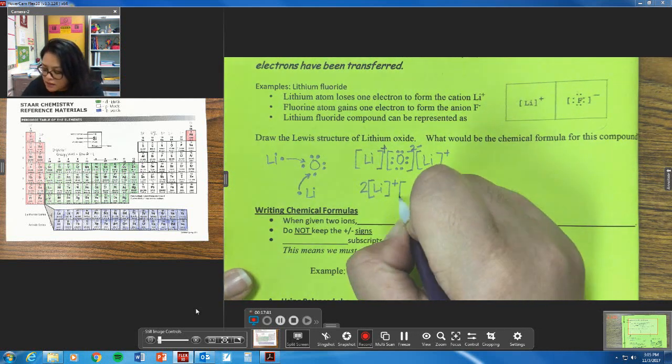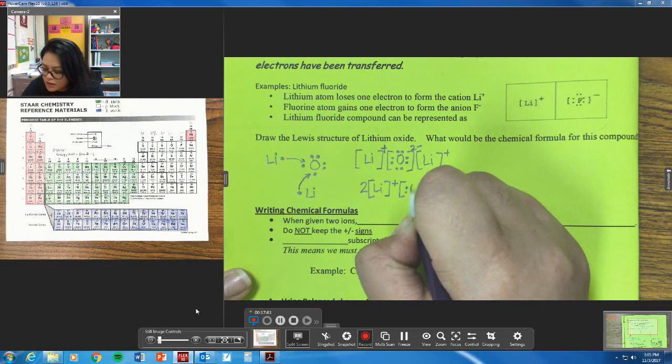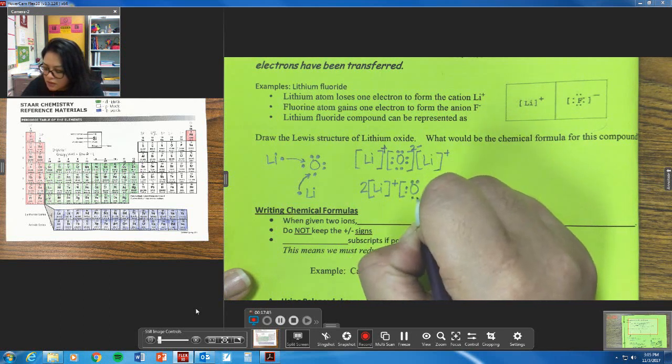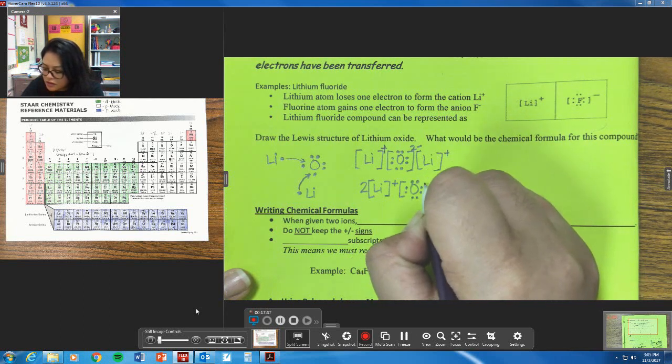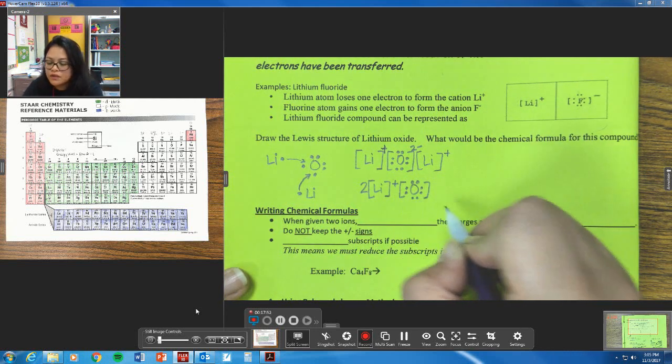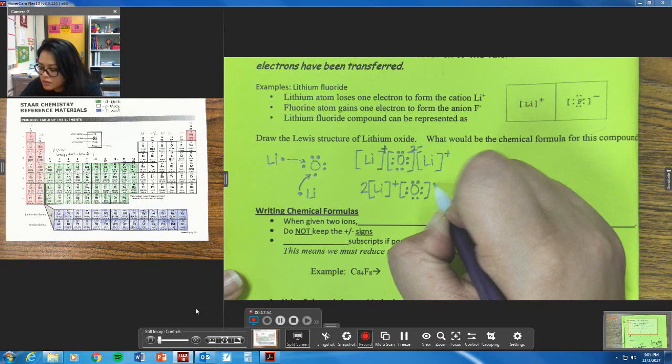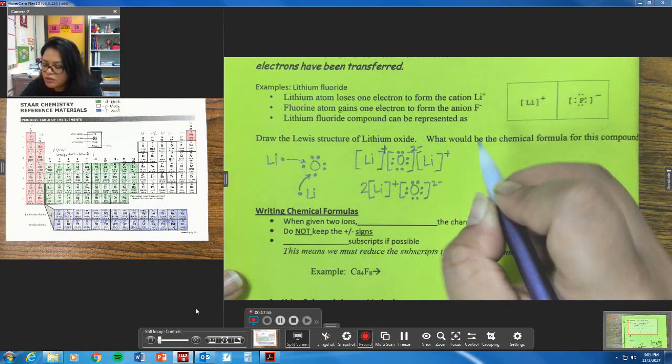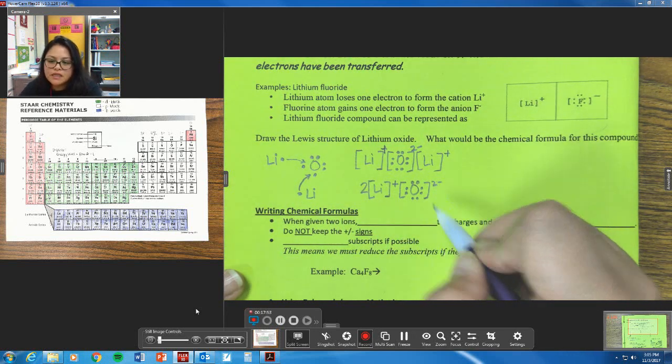Next to that, you can draw your oxygen. Since you only had 1 oxygen, you don't really need a coefficient to represent that you had just 1. And don't forget your negative sign.